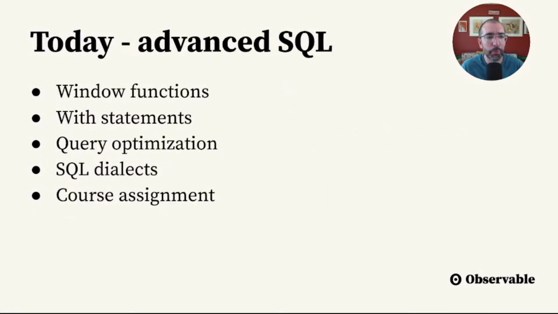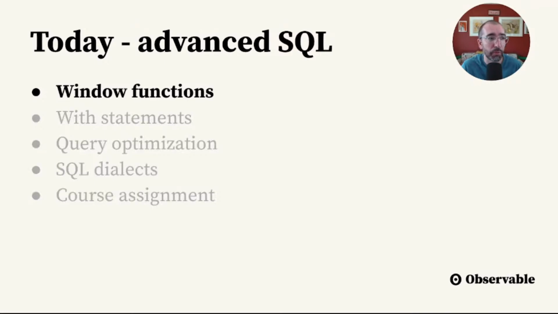And today, again, we're going to get into some advanced SQL. These are the things that I think are really fun, really powerful with SQL, one of the reasons I like to use it so much. Specifically, we're going to spend a lot of time today on this first part, the window functions. Window functions are an area of SQL that, to me, show a lot of the value of working in SQL.